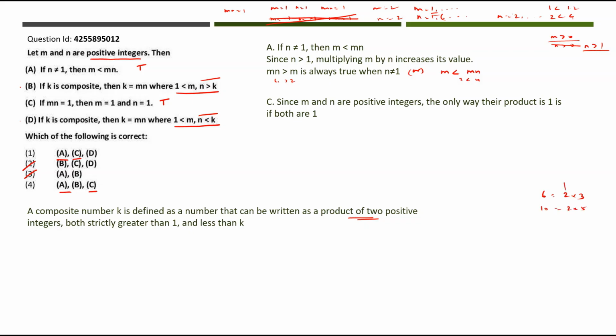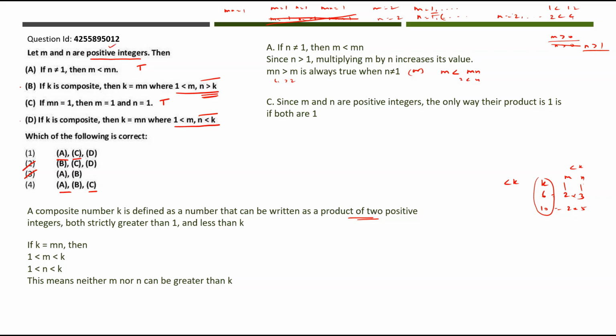When you take 10, it is 2 and 5. When you take 2 and 3, are they greater than this particular k or less than k? Both are actually less than k. This k is the composite number here, and these values are m and n. When you take m and n, both are actually less than k is what they say. If k is equal to m into n, the product of two positive integers, then 1 is less than m is less than k.